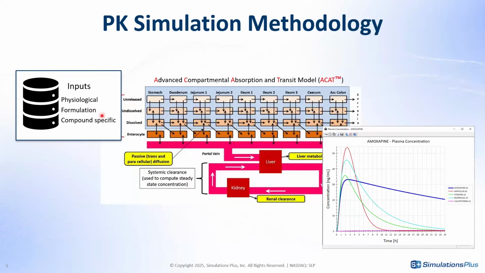Formulation parameters would be things like dose, particle size, and so on. Compound-specific parameters, things like solubility, permeability, and so on. Running the simulation involves integrating a series of differential equations, and then from that you can extract PK endpoints, plasma concentration profiles, and so on.